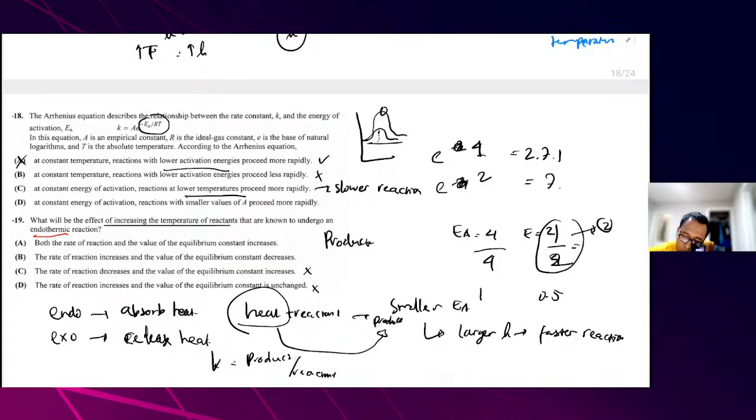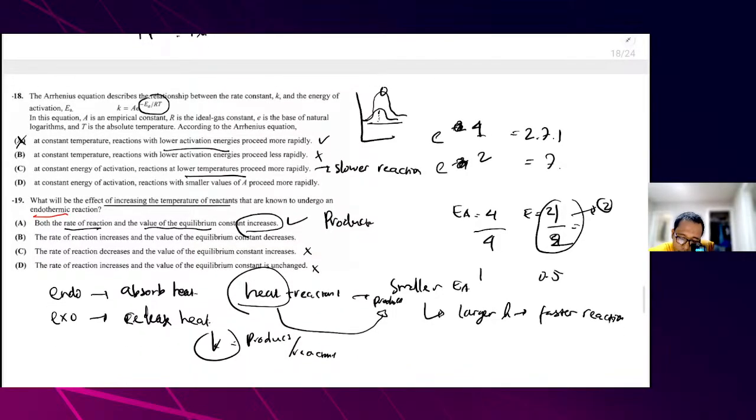And then we know it will increase K. So the rate of reaction and the value of equilibrium constant increases. Yes, the answer will be A. The value of equilibrium constant, higher reaction rate, favoring product formation.